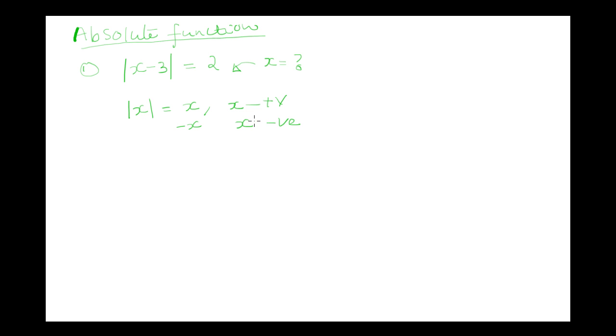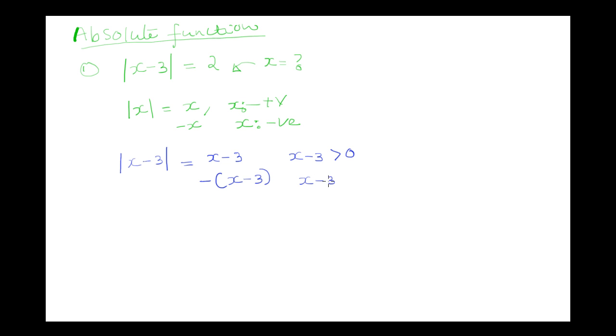Using this, we can write absolute of x minus 3 equal to either x minus 3 or minus of x minus 3. We can write this when x minus 3 is positive, and we can write this when x minus 3 is negative.